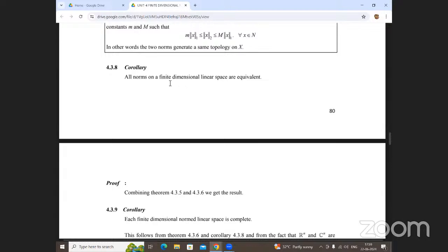Now, these are all finite dimensional. We have a finite dimensional linear space, meaning a finite basis of elements throughout the normed linear space, and all those norms are equivalent.